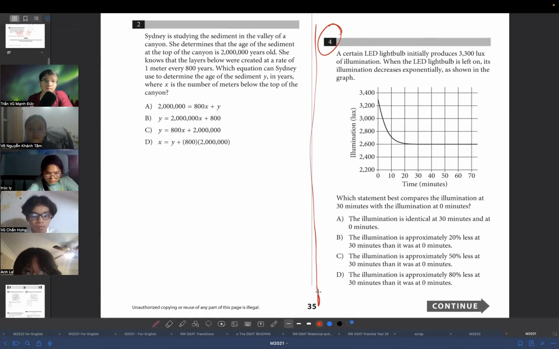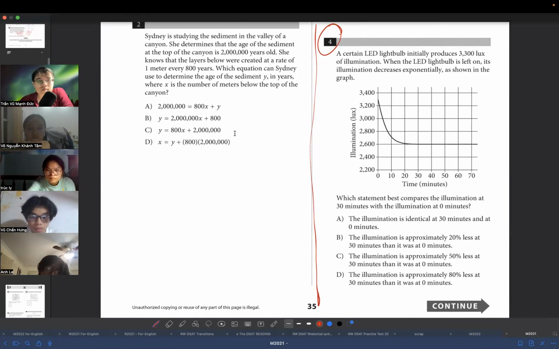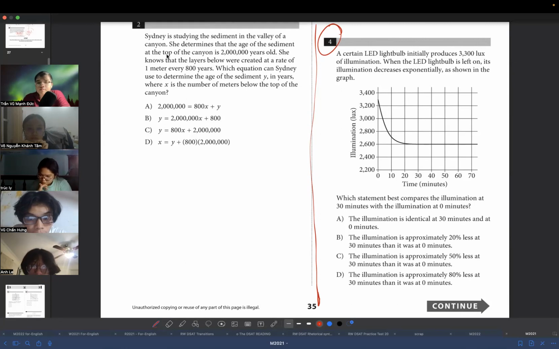Number 4, everyone. Okay, some are correct and some are still wrong because this is very tricky.